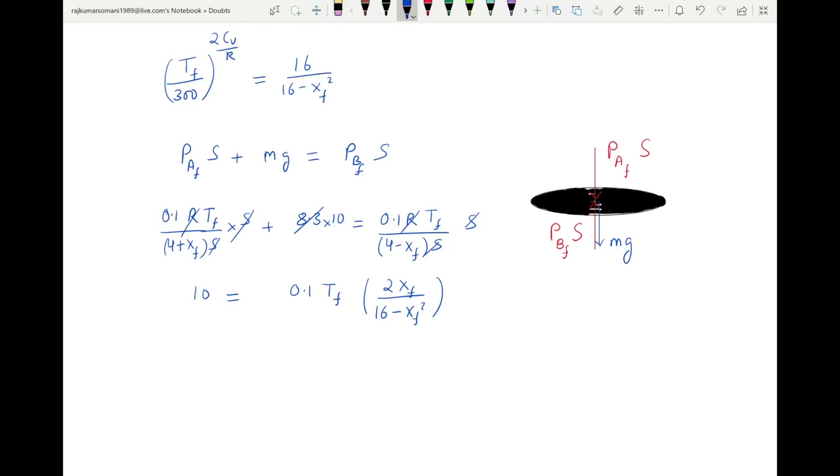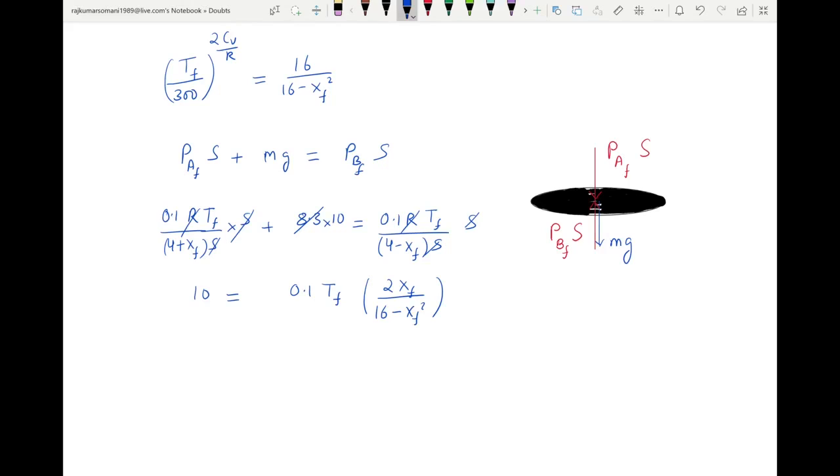Now remember, in the beginning I said this question has got a dead end. Yes, it has got a dead end for those students who are solving in the exam hall, because first of all, it's not mentioned what kind of gas it is. It's not mentioned whether it's monoatomic or diatomic. So you don't know the value of CV.